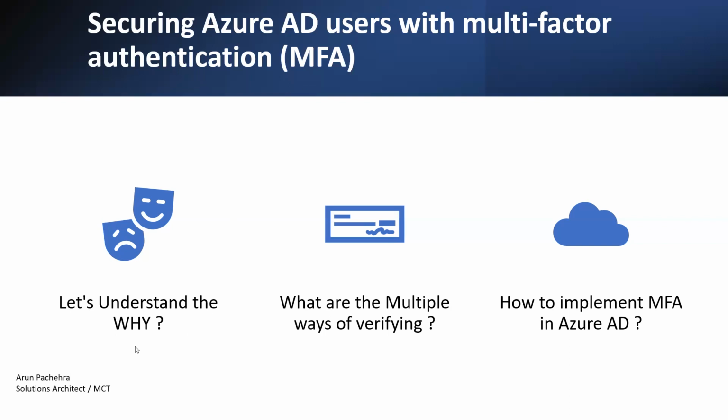All right, so let's start with various ways we can have second vector authentication. Phone call, text messages, mobile application notification, mobile app verification code, and OAuth compliant tokens. So these are the 5 ways Azure AD can have MFA for your environment.